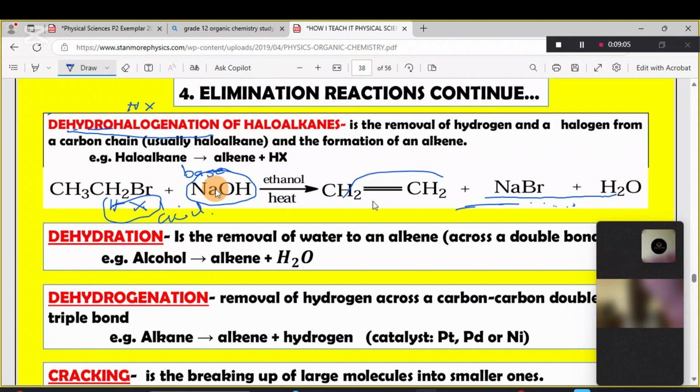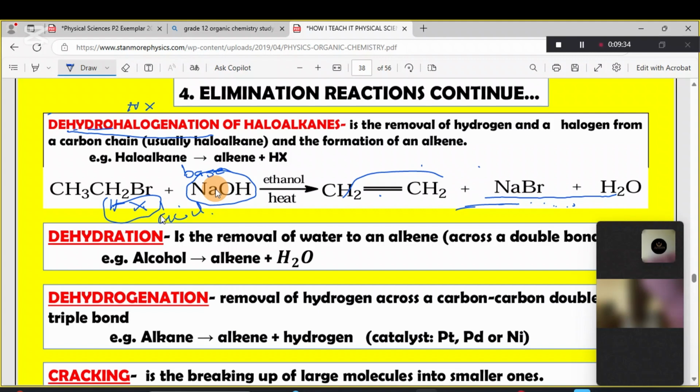Otherwise, if I remained with an acid, it's going to react back again to form that. It will keep reacting. That's why I need to have a base. The base is there to separate the two, because how would these separate otherwise? So the base is there to actually take out the H and X.